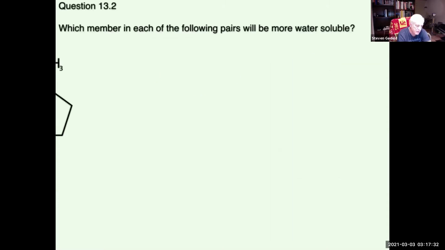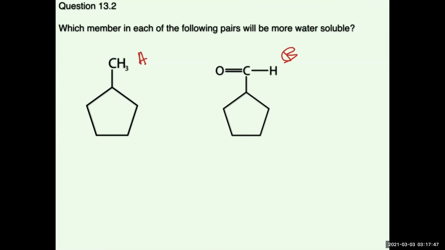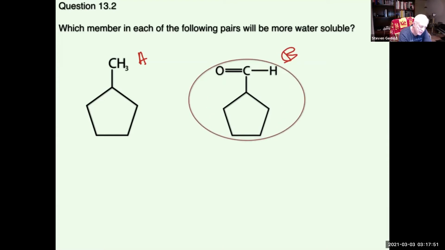Which member was going to be more soluble in water? Take a look at those, either A or B. B, perfect. These are going to be more soluble in water because of this carbonyl group, because there's a charge on it.